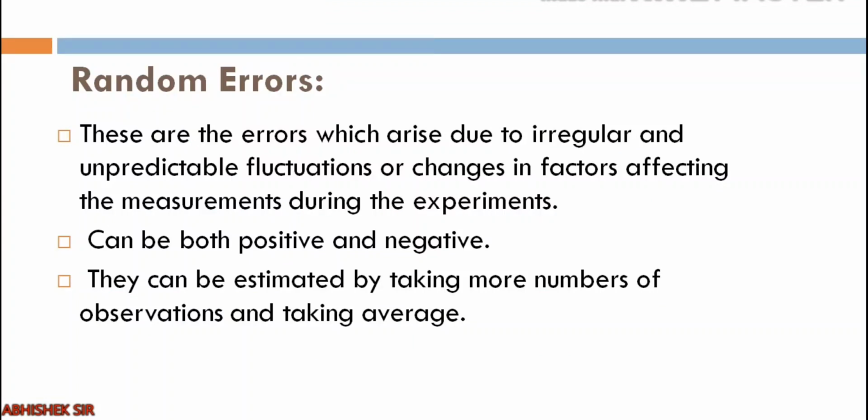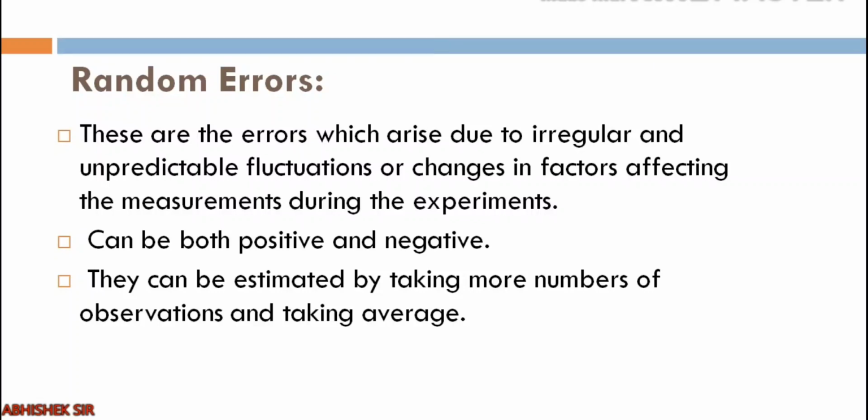Now moving on to the last type, that is random error, and these errors occur irregularly. They occur suddenly, right? They are random in magnitude and direction, so that is why they are called random errors. They arise due to irregular and unpredictable fluctuations or changing of factors which are affecting the measurement.